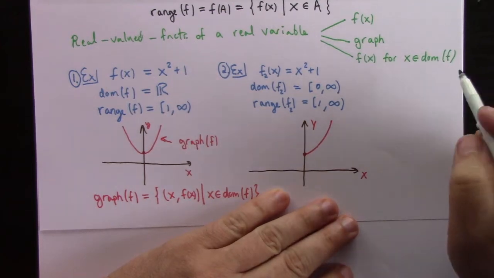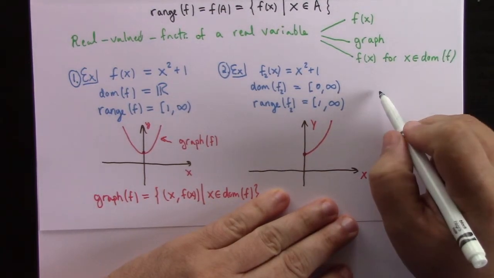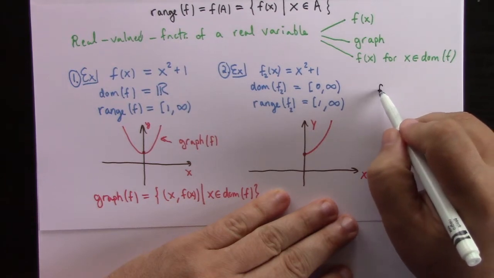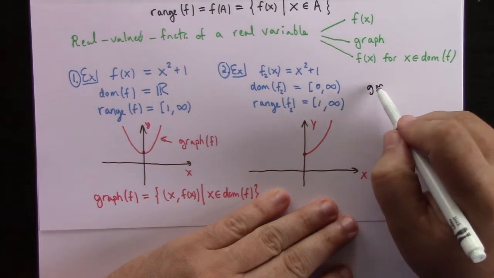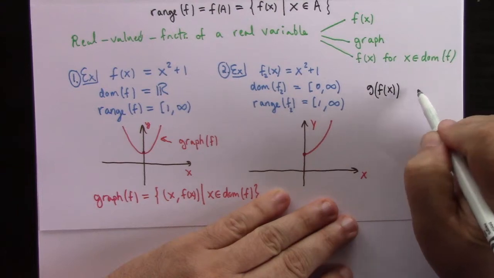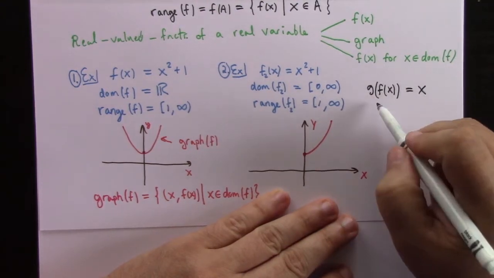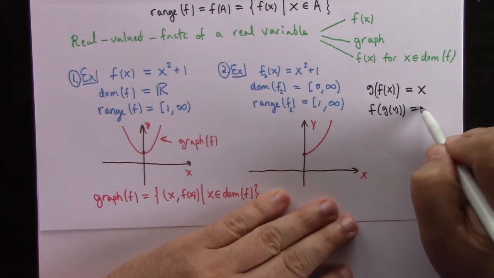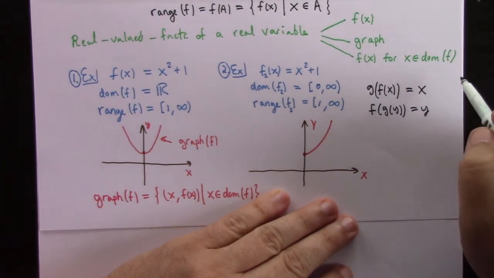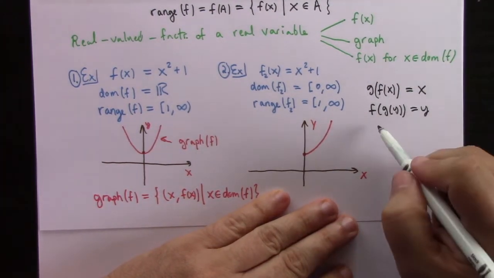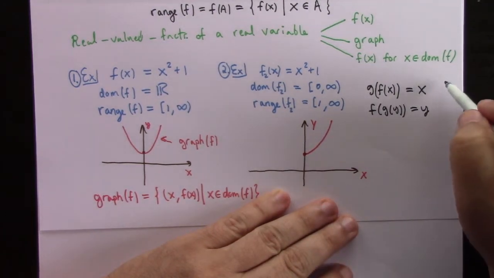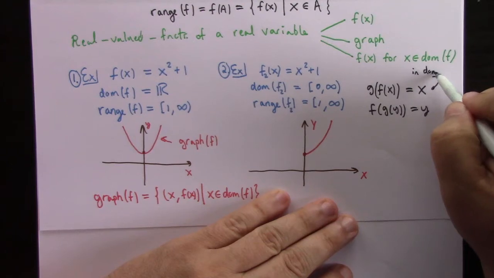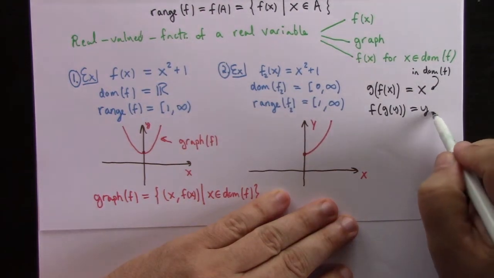So what does it mean to have an inverse? If we have f, g of f of x equals x, and f of g of y equals y, and this is for each x in the domain of f. So here x is in the domain. The y's, where are they?